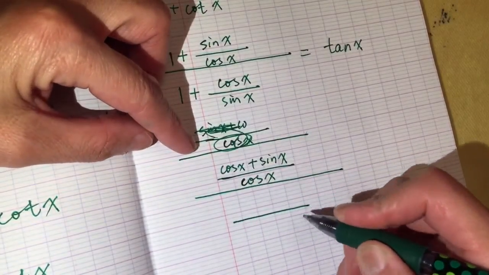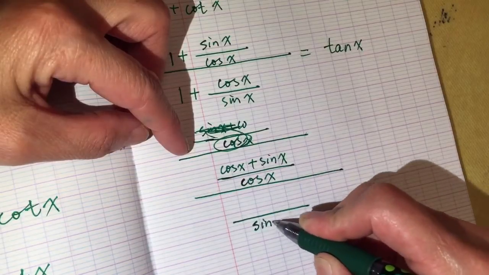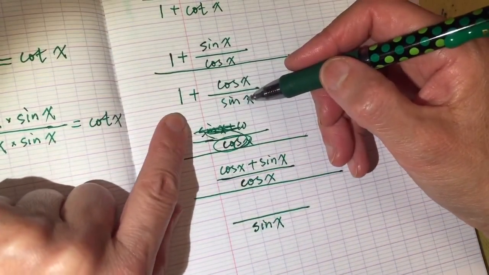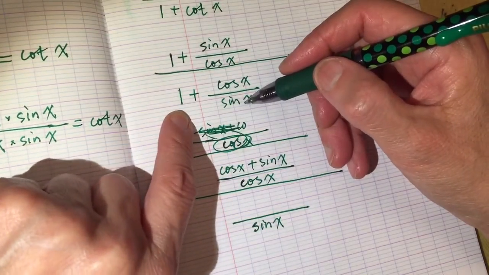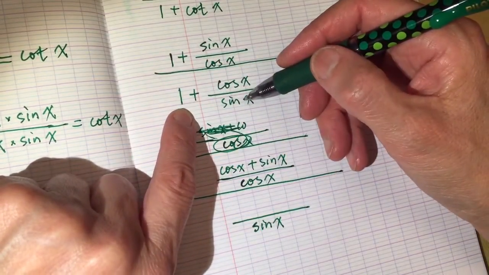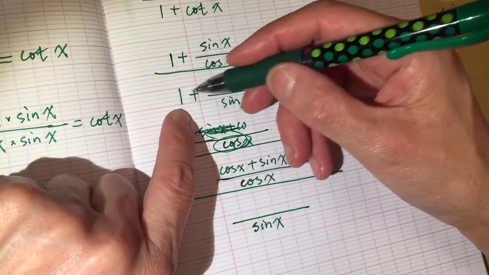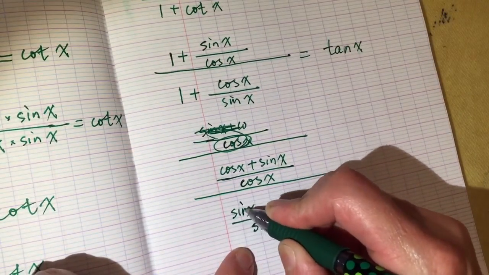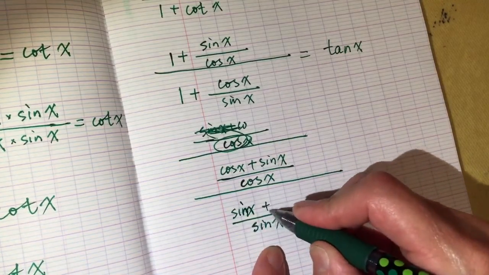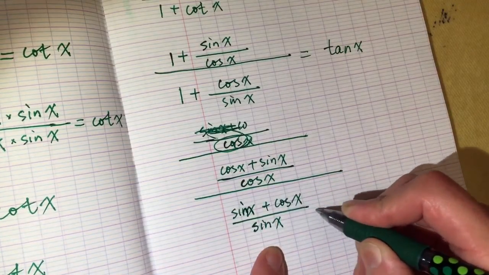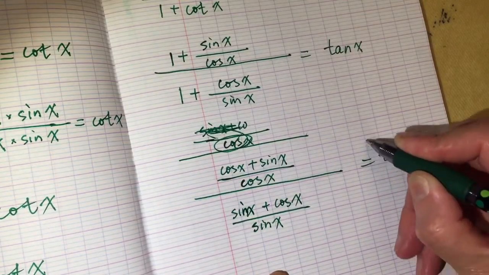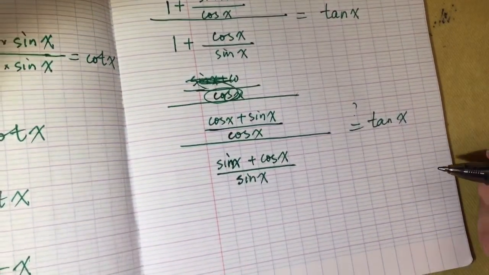On the bottom part, 1 times sine x is sine x, plus cosine x, over sine x, equal to tangent x. We still need to have a question mark there.